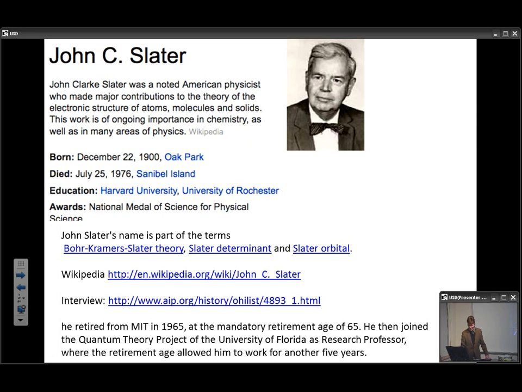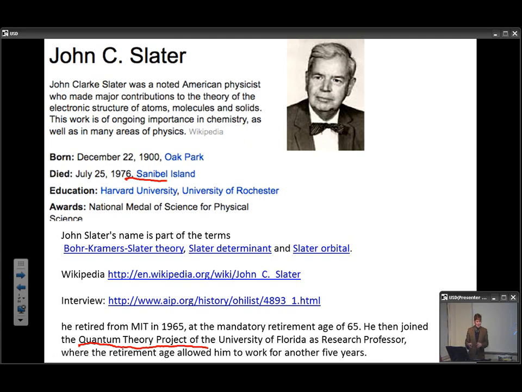Unfortunately he died there, but anyway, big people were attending this conference on this island. And he was also part of the team of the University of Florida Quantum Theory Project that is organizing this symposium. So we are approaching the very core of computational chemistry by talking to those people.